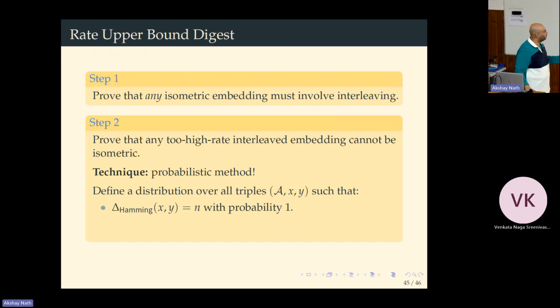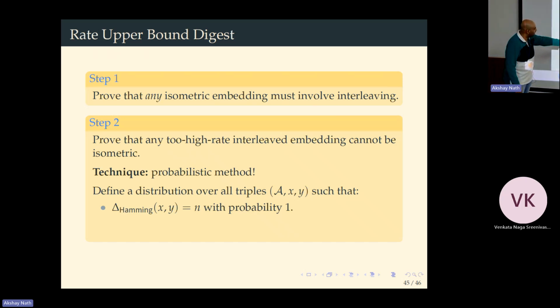And we only condition it on those pairs x and y whose Hamming distance is n. So you just have basically 2 to the n-1 pairs. So you look at every pair of opposite bit strings, and on them you take a random shift, and you show that in expectation, the edit distance is less than n if the rate is high enough.